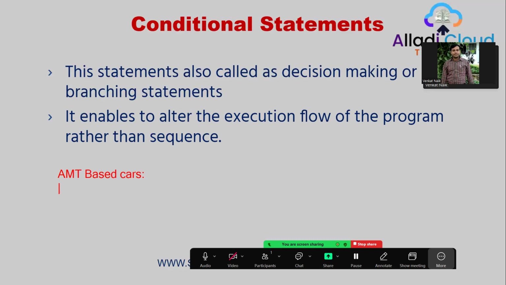In AMT cars, you need not control the gear. You need not talk about the clutch. There is no clutch, there is no gearbox. Only accelerator and brake. Are you clear? How was that AMT car made? Because of a program. There is a strong, intelligent program that exists to implement the AMT car.